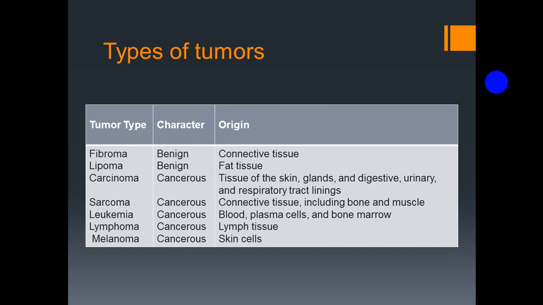The types of tumors. There are many types of tumors. They are classified and named according to their characteristic or tissue origin.